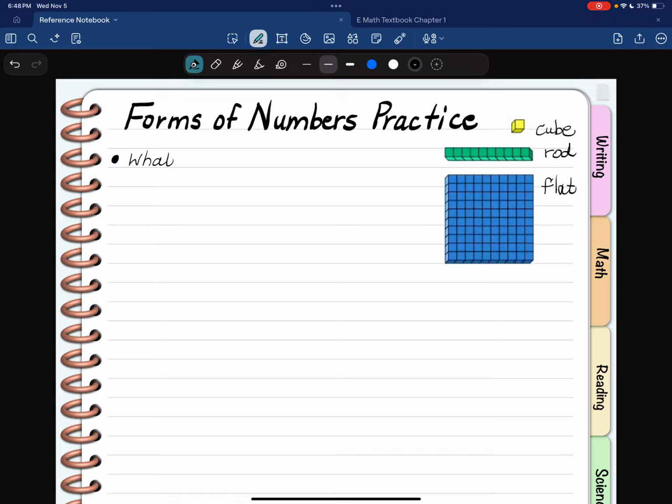What are the expanded form and expanded notation for 908.